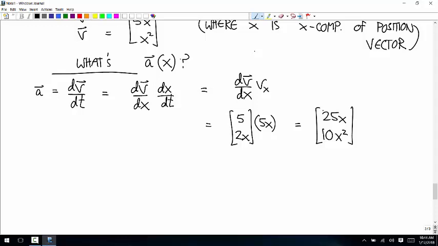So this might be useful if you have an object that's confined to a certain path, and you'd have to know for some reason what the velocity is going to be at a given point on the path. But all you want to figure out, say, is the forces that are applied to this object. Like, what are the maximum forces?